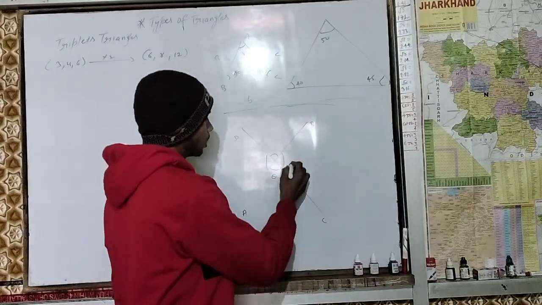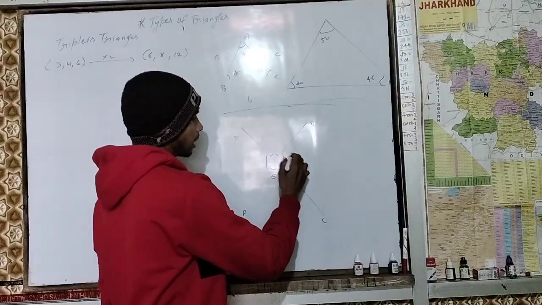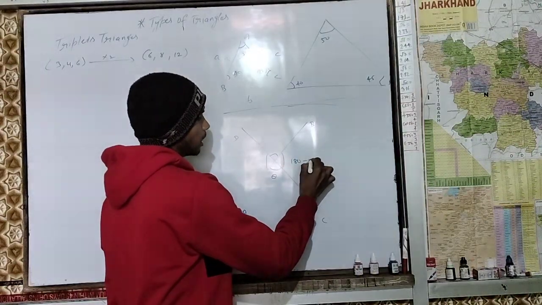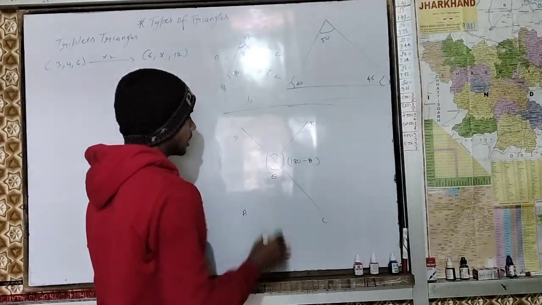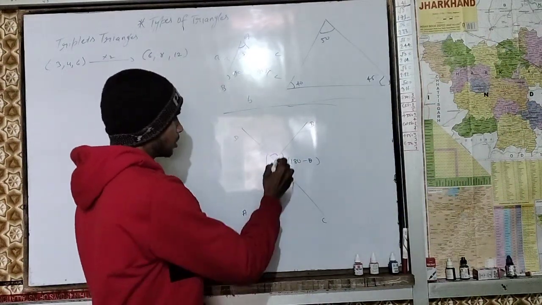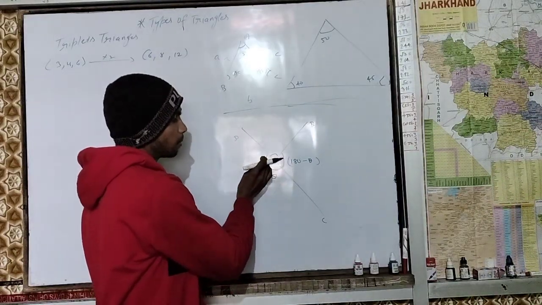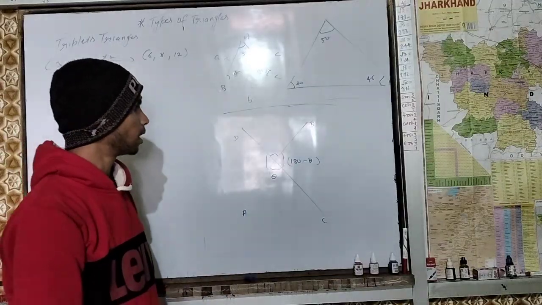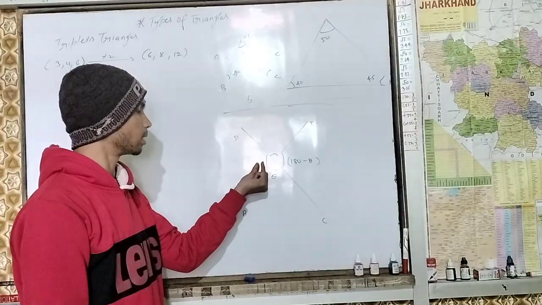No, no, no. Here AB is a straight line, making a linear pair, so this will be 180 minus theta. Opposite angles will be equal to each other, so the opposite of this is this.